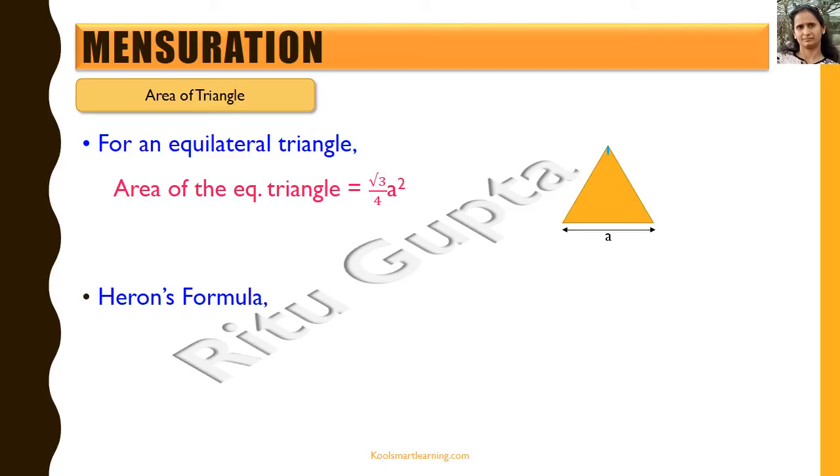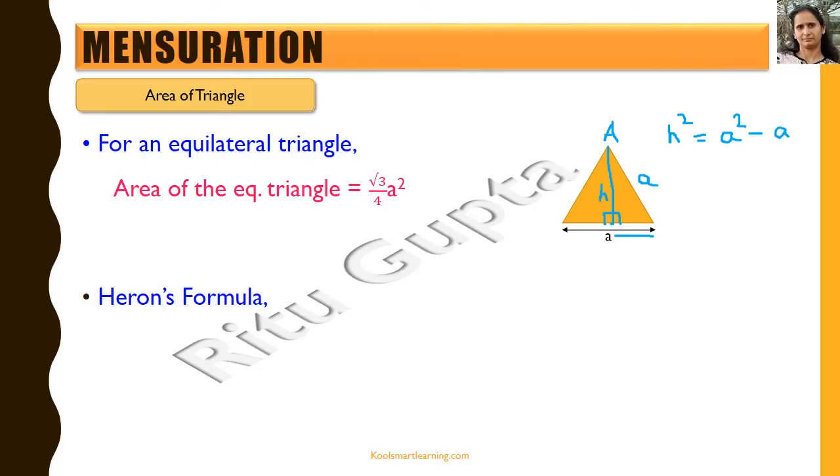If we draw a perpendicular from this vertex, say we call it capital A, to the base, then this is the height of the triangle, and if we use the Pythagoras theorem, we say that h square is equal to the hypotenuse of this right angle triangle, which is A, square of this, minus this side, which is A by 2, square of this.